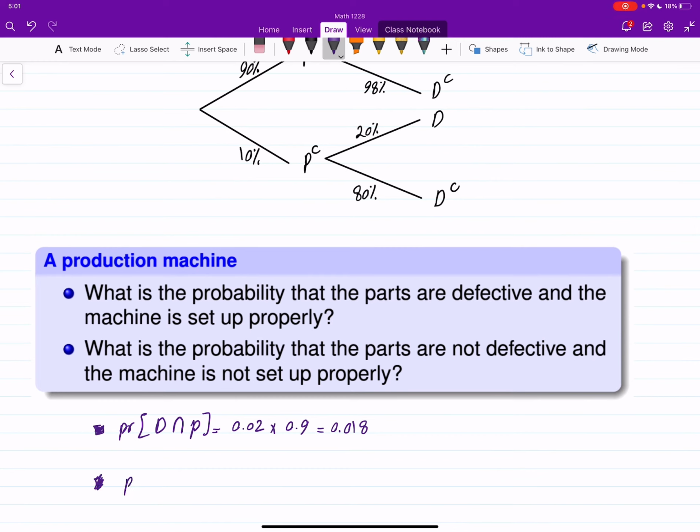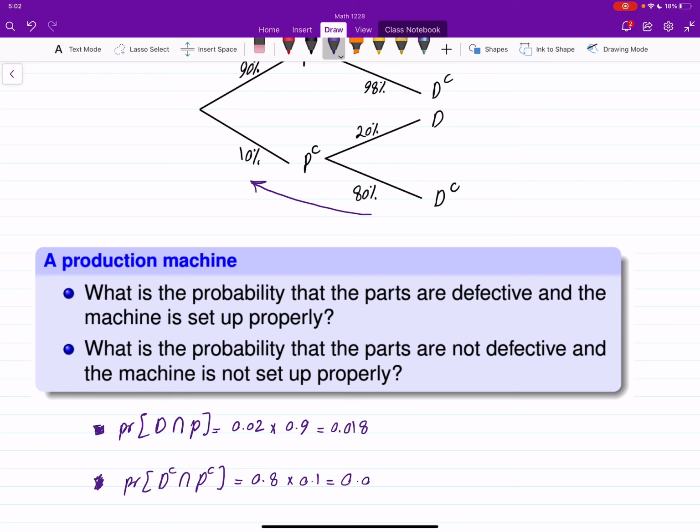Okay, how about the second part? We are trying to find probability that the part is not defective and is not set up properly. Okay, so in that case you have this one here. So again, you multiply all the numbers there. 0.8, which is 80%, times 0.1, which is 10%.